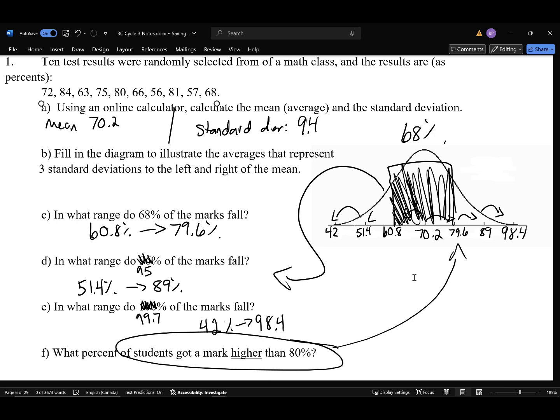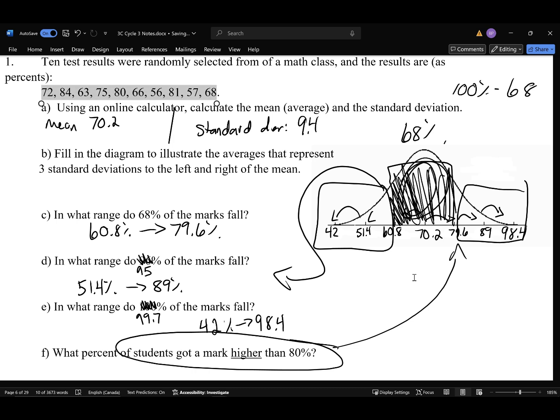So outside of 68%, I have the missing pieces here and here. These 2 missing pieces will be whatever 100% minus our 68% that's within here. We're working with 32% of our data outside of this 1 standard deviation of our mean. Half of that is going to be spread on the lower half, and half on the upper half. And that's what the question's asking.